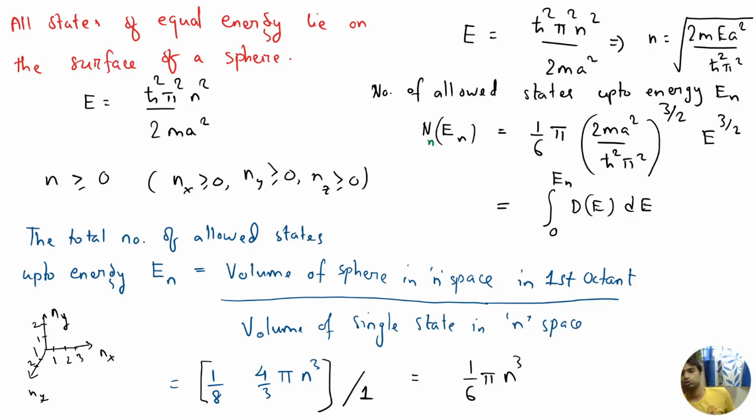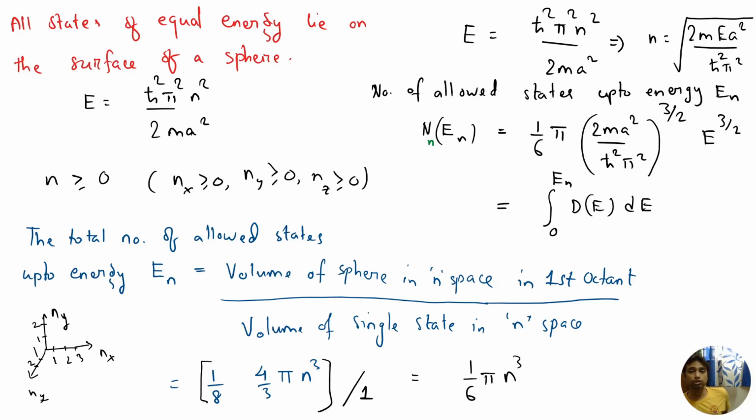Yeah. So what is this n of n? It is the number of allowed states up to the energy En. So up to energy En, if you put this En as Ef, it will give you the number of allowed states up to Ef, meaning all the electrons are filled up to Ef. So the number of allowed states will be the same as the number of electrons itself.